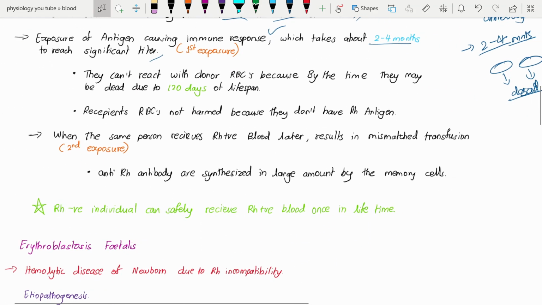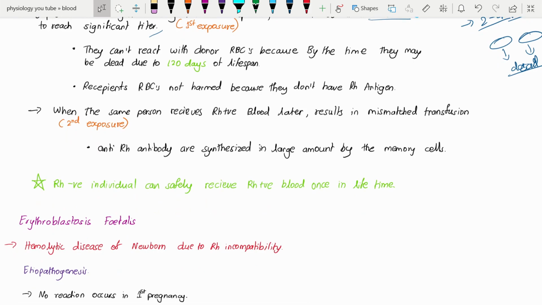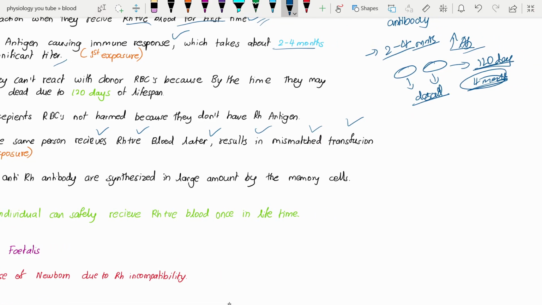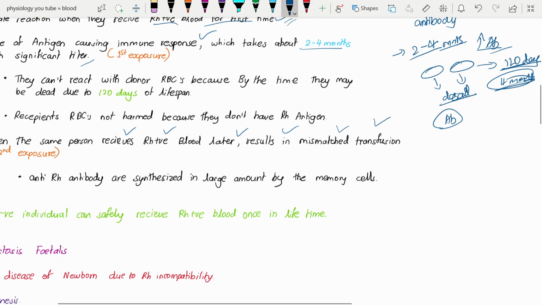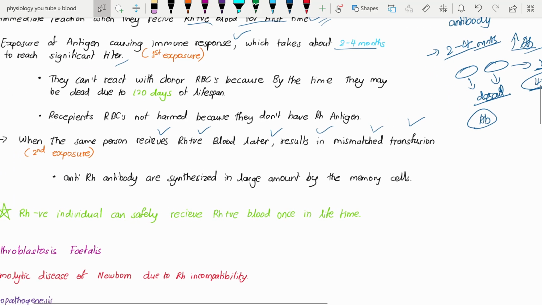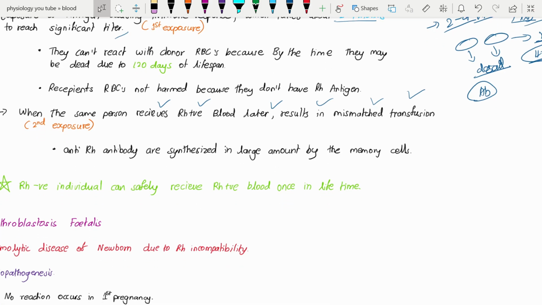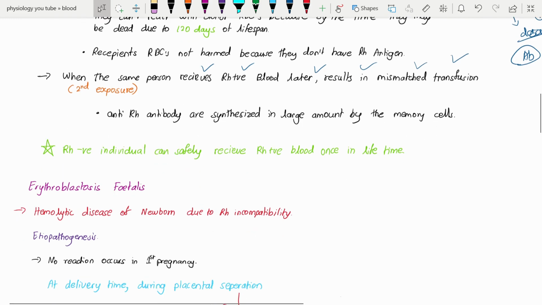Okay, this is what I mentioned about. When the same person receives Rh positive blood later, it results in mismatched transfusion. Why? As we know, the immune system has memory now, so it can produce antibodies within days. So there occurs a mismatched transfusion because an immunological reaction is happening. So you need to know that before transfusing blood, you need a proper history, whether the person received Rh positive blood.